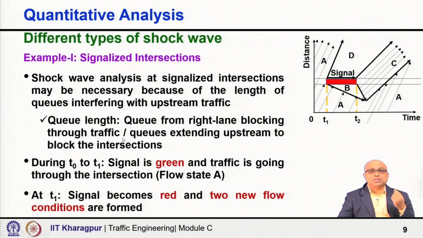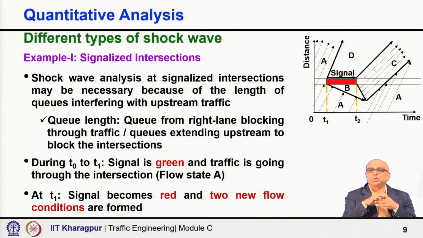Say the queue length is really important, because the queue from the right lane might be blocking the through traffic. The right turn storage lane is exhausted and there is spillover of vehicles, which are actually right turning vehicles, and that altogether blocks the through movement.